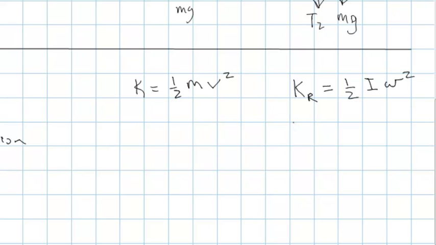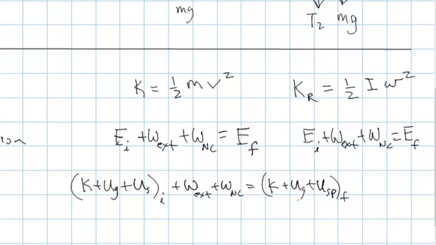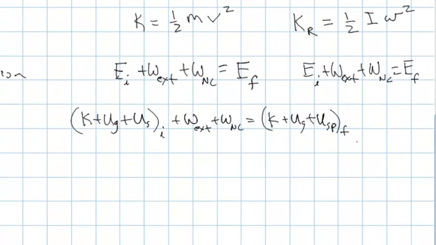And the same way we did energy conservation problems with the initial mechanical energy plus work done by external forces plus work done by non-conservative forces had to equal E final, the mechanical energy at the end of the problem. We'll use the same setup for our rotational energy, but we're adding one more term. K plus U sub G plus U springs, initial, and we get the exact same thing now for rotational, only we include one extra term.